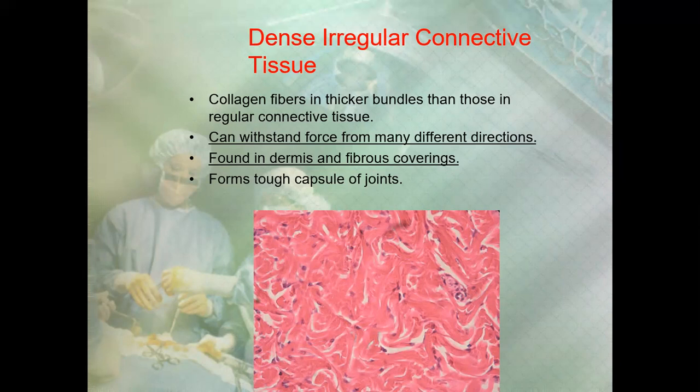If my fibers were only in one direction, it helps to prevent stretching this way. But what happens if I stretch them that way? Does it do anything? No. That's where we need fibers in multiple directions, so that we resist stretching in multiple directions.